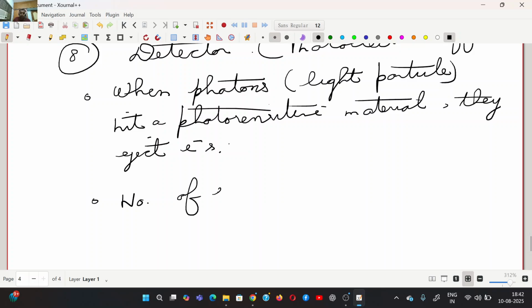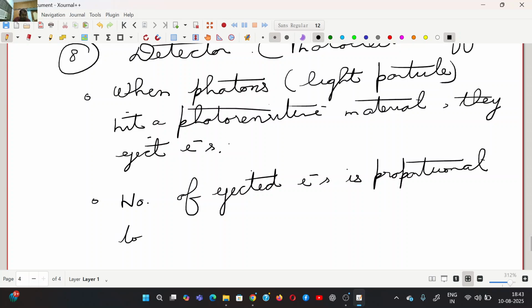The number of ejected electrons is proportional to the intensity of incoming light.